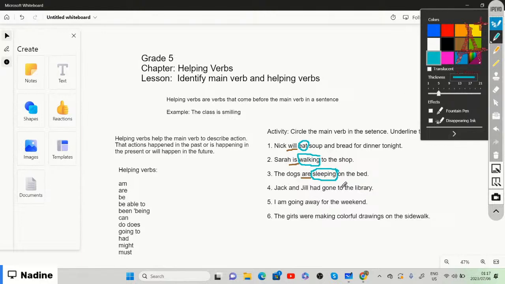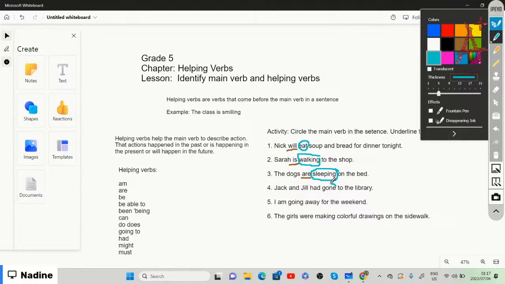Jack and Jill had gone to the library. We need to choose the main verb by circling it, and we also need to choose the helping verb by underlining it, right? So Jack and Jill had gone to the library.